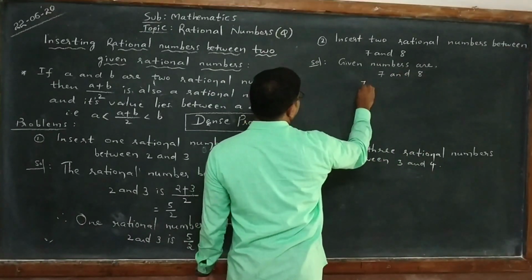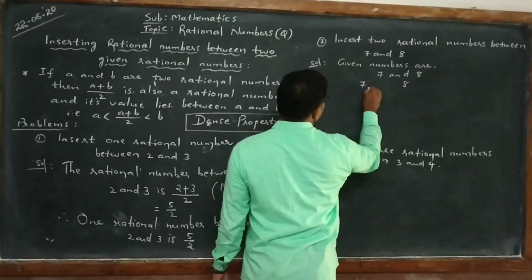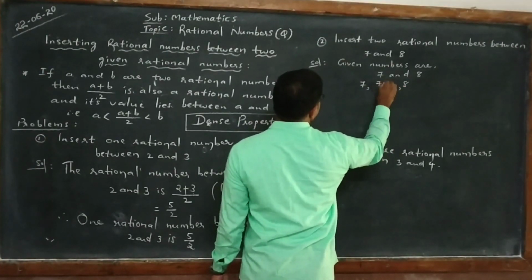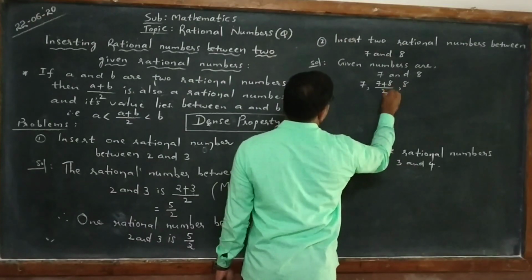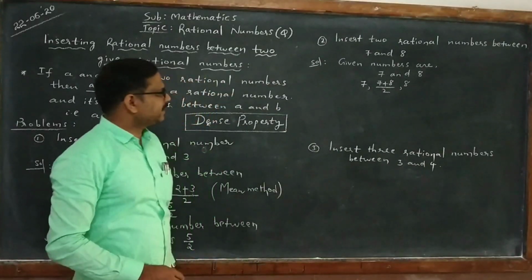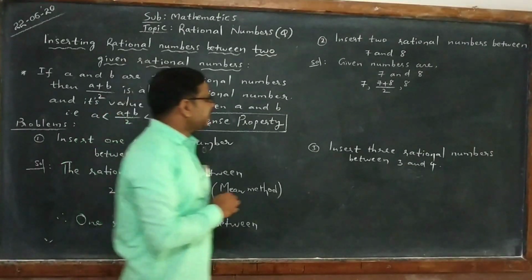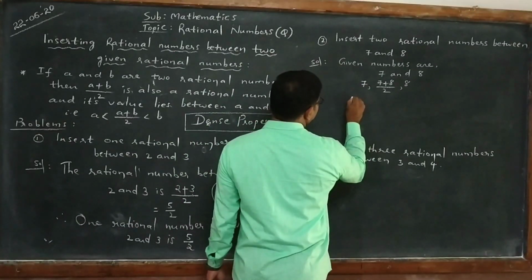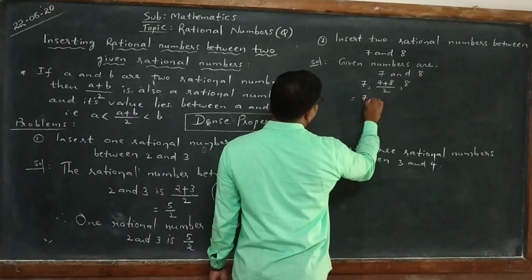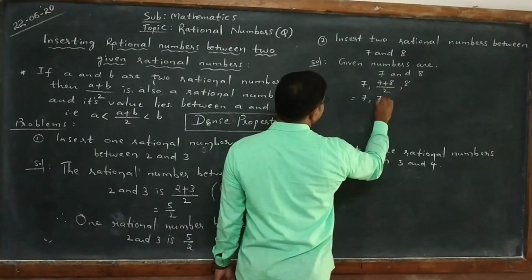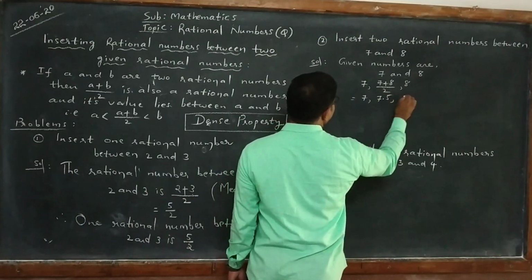So first I take between 7 and 8. Can I take (7 plus 8) by 2? That is 15 by 2, means 7.5.